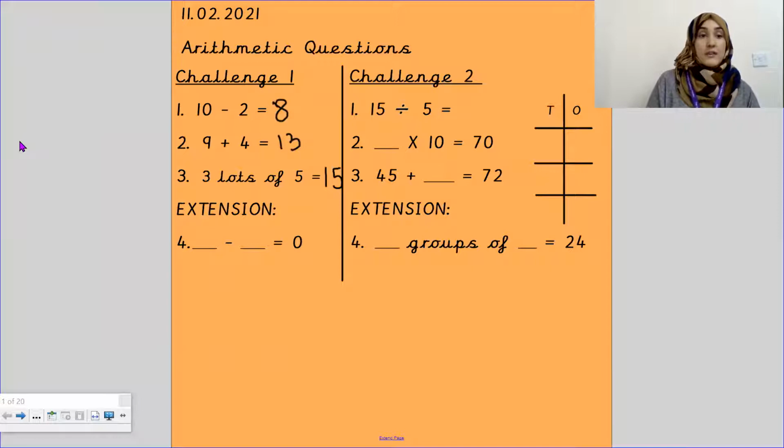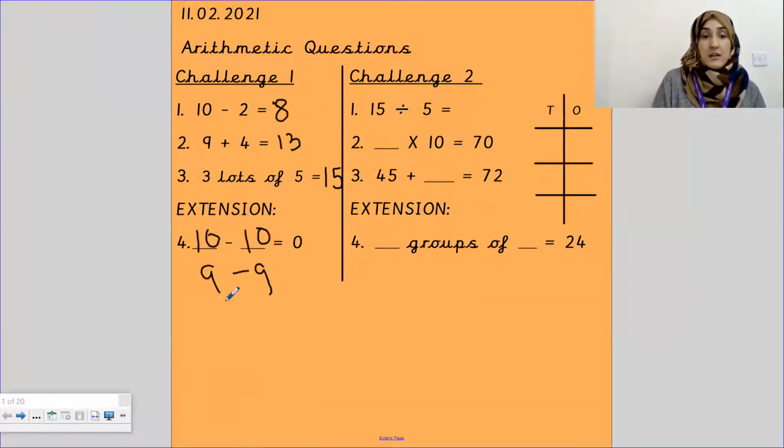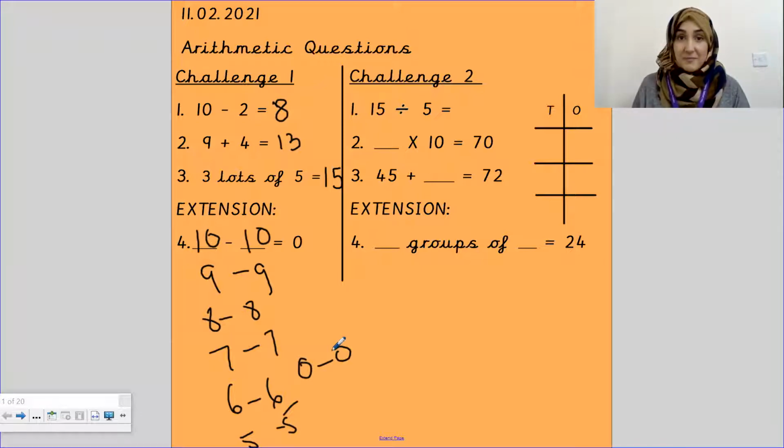Let's start with the first nice and easy one. 10 take away 10. If I have 10 fingers and I take them away, how many do I have left? 0. What about 9 take away 9, 8 take away 8, 7 take away 7, 6 take away 6, 5 take away 5, and all the way up to 0 take away 0 equals 0.